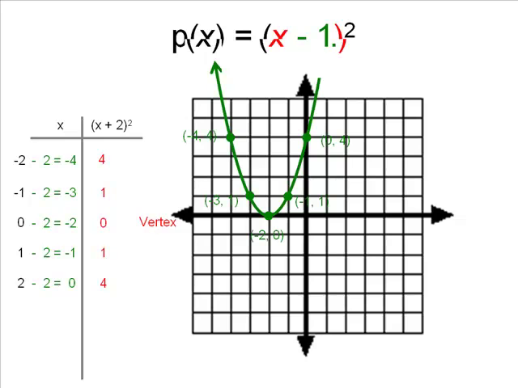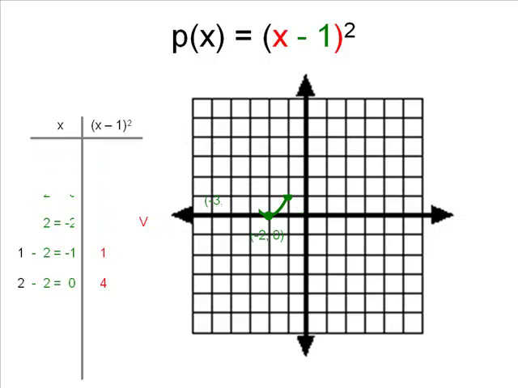Okay, let's try another one. Let's suppose we had this one. P of x is equal to the quantity x minus 1 squared. Now, notice now we have minus 1.